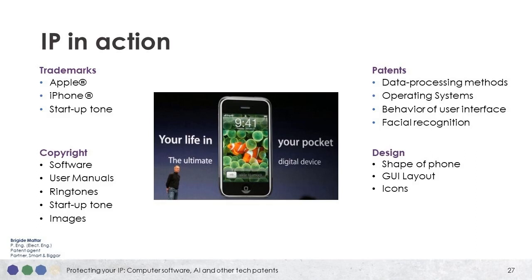And finally, the last form of protection that we want to illustrate here is the design in terms of shape, the way that they present the GUI and the design of the icon. By combining these forms of protection, you have multi-layered protection on the product. And similarly here, I have not presented that, but on the patent side, you could also have all the apps and the functions of the apps that could be covered by patent protection.